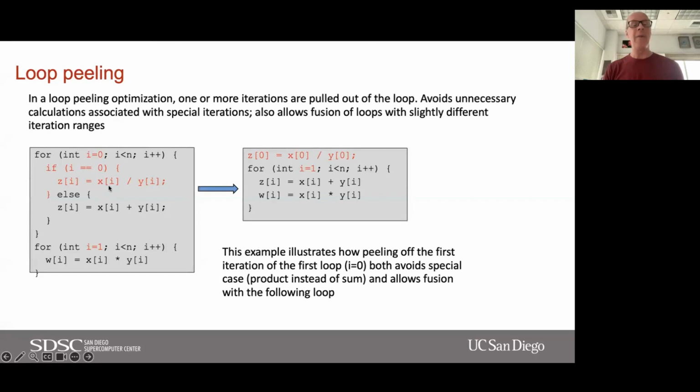Sometimes it won't. Having that logical test in there is going to break the performance of the loop. You're not going to be able to take full advantage of, say, the vector instructions available in modern processors. But by taking that out and treating it separately, we can often get a big speed up. And here I actually showed this combined with loop fusion.